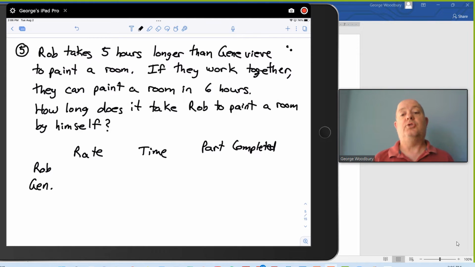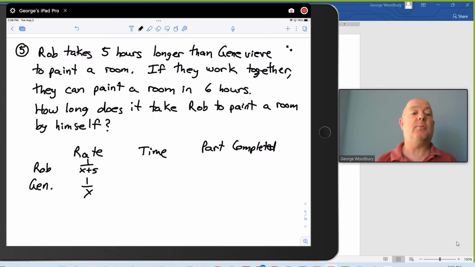So Genevieve's rate can be expressed as 1 over x. If she can do it in, let's say, 10 hours, in 1 hour she can do 1/10. So the rate is always 1 over the time it takes that individual working alone. Rob takes 5 hours longer than her, so his rate is going to be 1 over x plus 5.